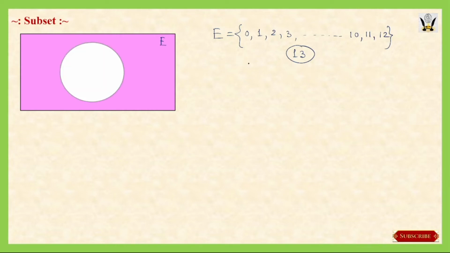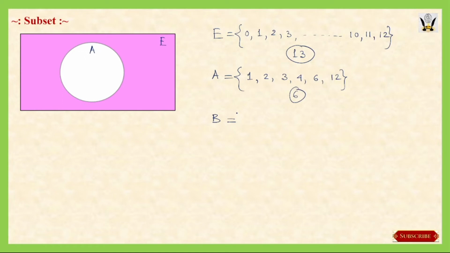Now here we have another set which we name A, and if we assume that A is a set which has all the factors of 12, we have just now seen that it has 6 elements: 1, 2, 3, 4, 6 and 12. So set A has 6 elements.